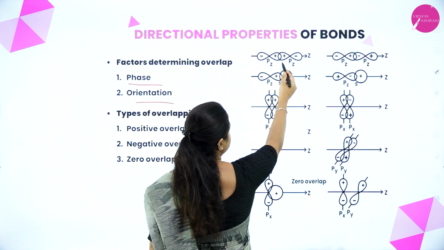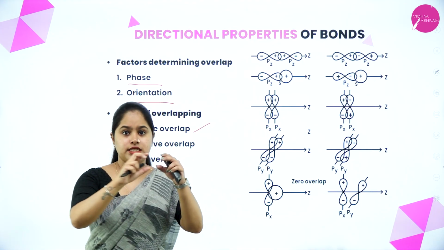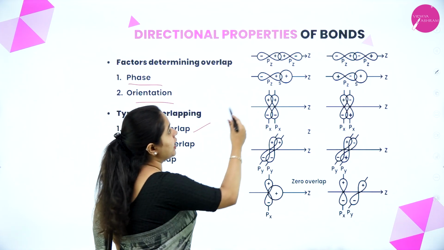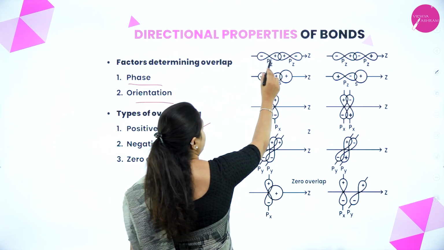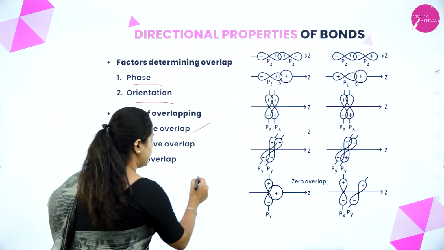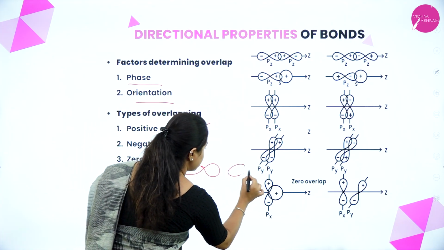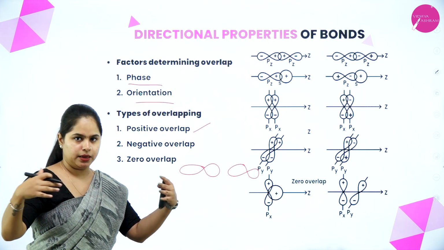So as you can see in this particular diagram, two orbitals are in the same orientation. Yes, they are coming in the same direction and they have the same phase. Now what is phase? You can see the plus and minus sign shown here. Let's assume this one as one orbital and this as another orbital. Now they are coming in the same direction.